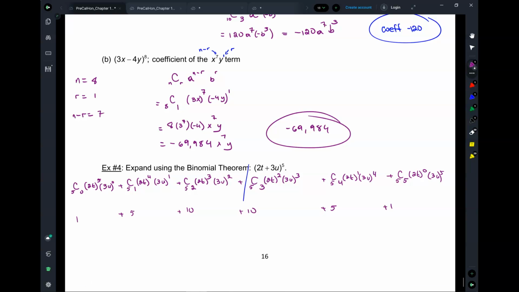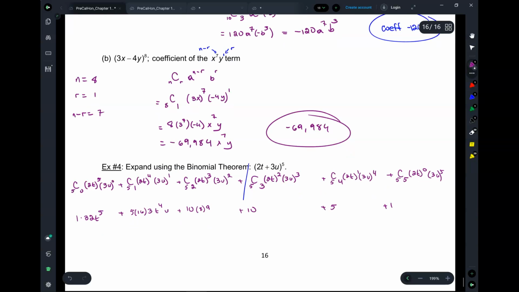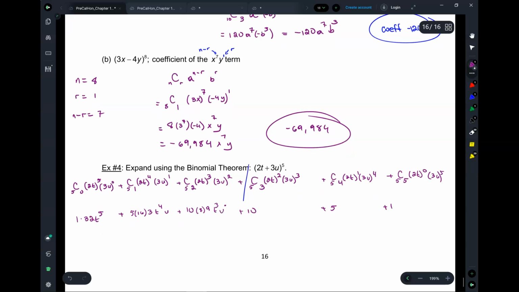Am I making sense? So now it's times 32t to the 5, 2 to the 5. Here it's 2 to the 4, 16 times 3, t to the 4 u. And then 8 times 9, t cubed u squared. 4 times 27, t squared u. 2 times, what's 3 to the 4 these days? 81, t u to the 4.